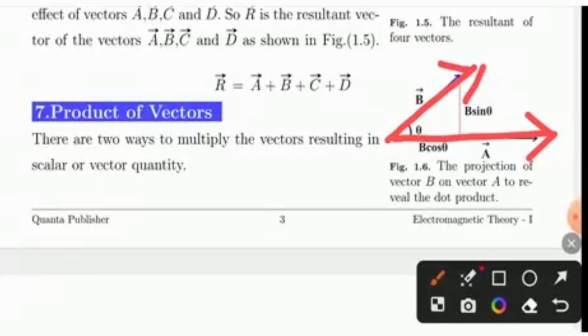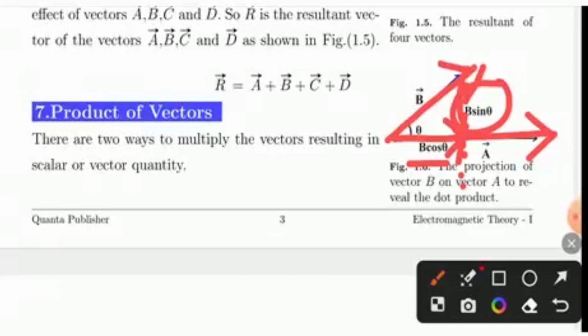If we want to resolve vector B into its perpendicular components, we take a perpendicular line along this direction and drop it onto the x-axis. Now vector B is resolved into two parts. The first has a magnitude of B cos theta, and the other is known as B sin theta.